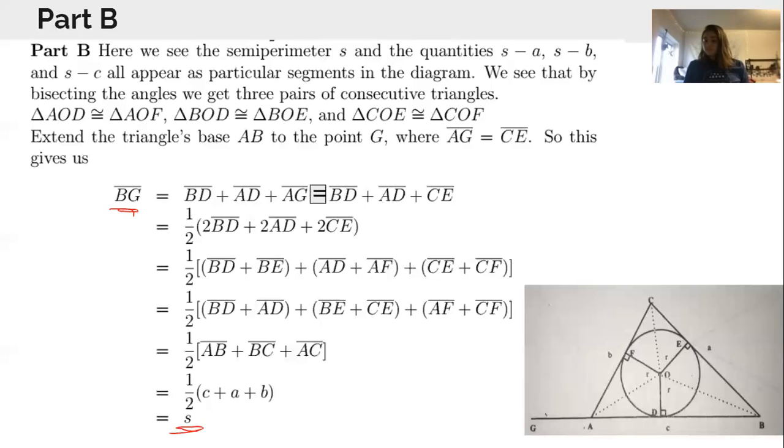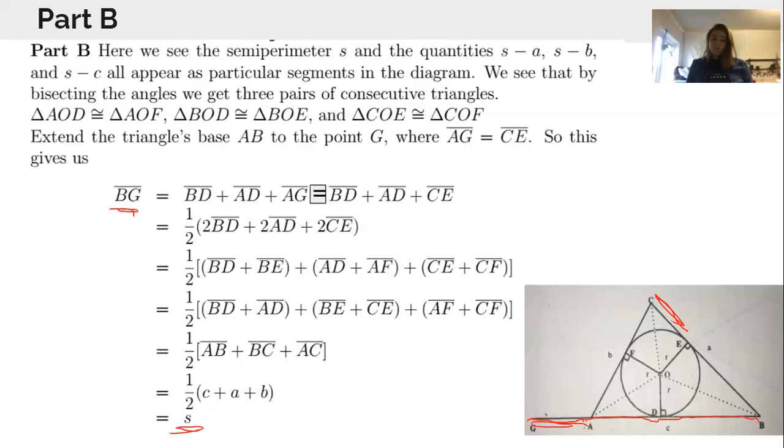So we say that the length of BD plus AD, which is this right here, plus AG. So this is what we just had. This equals BD plus AD plus AC. Okay, that's what we want. That's what we're seeing. Like I said, the segment CE is the same as AG.